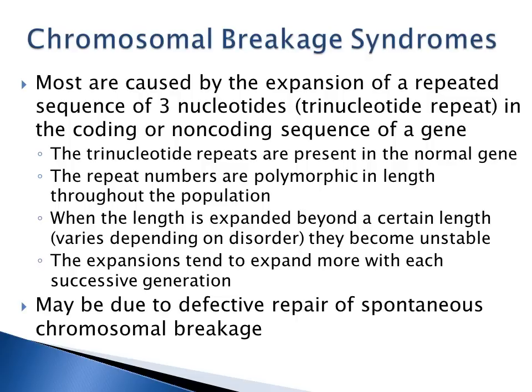However, there's a certain number that if you go beyond that number of repeats, that gene becomes unstable. And so these extensions tend to expand more with each successive generation. And these chromosomal breakage syndromes may be due to defective repair of spontaneous chromosomal breakage. And remember, we talked about repair mechanisms in the previous lecture.